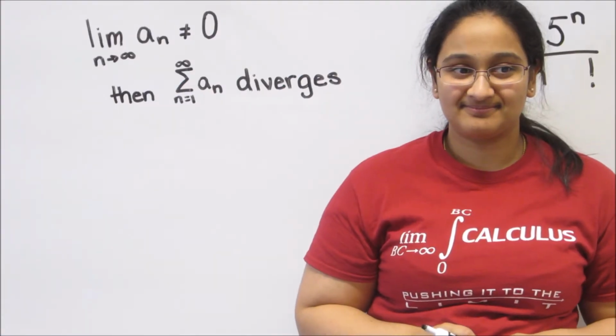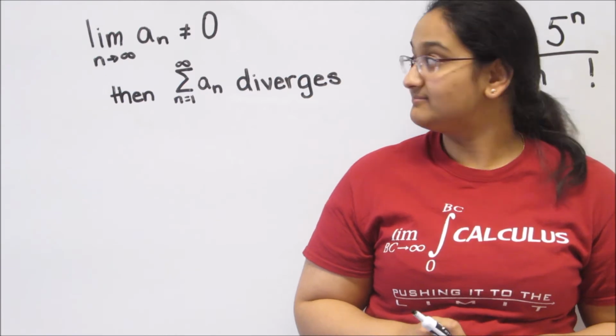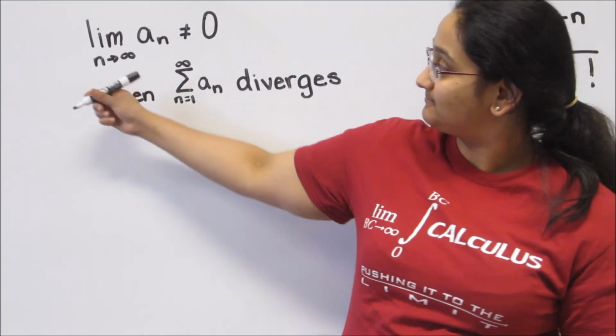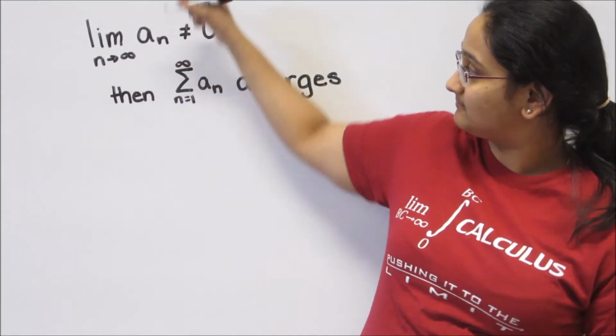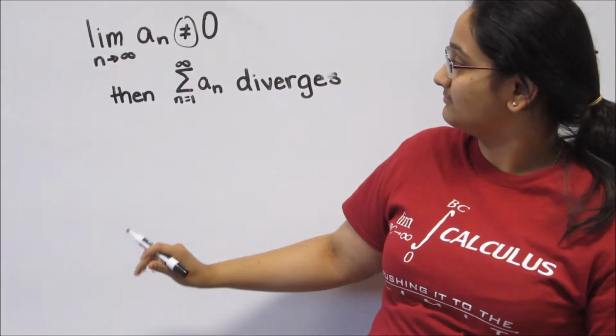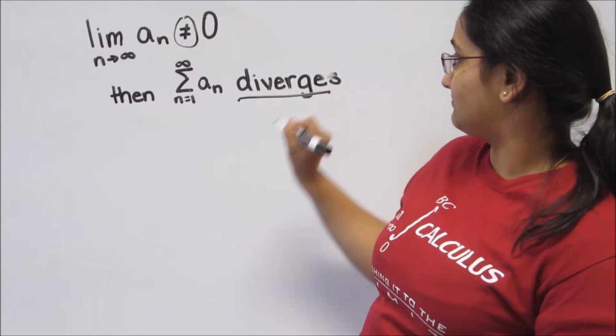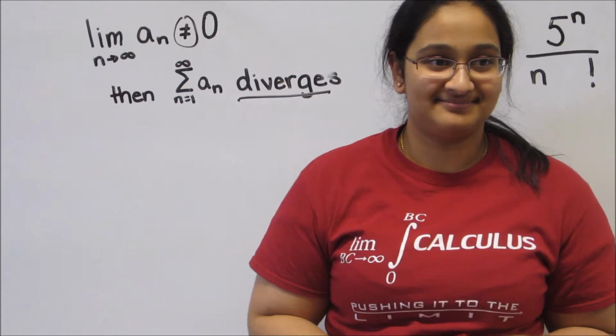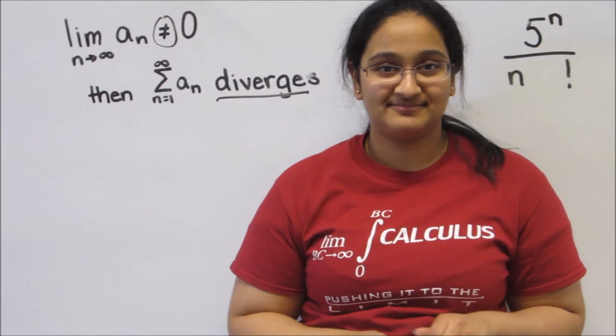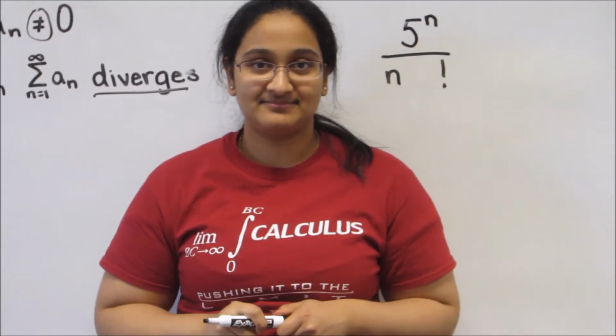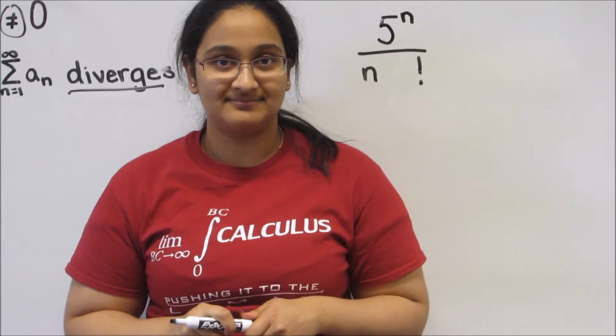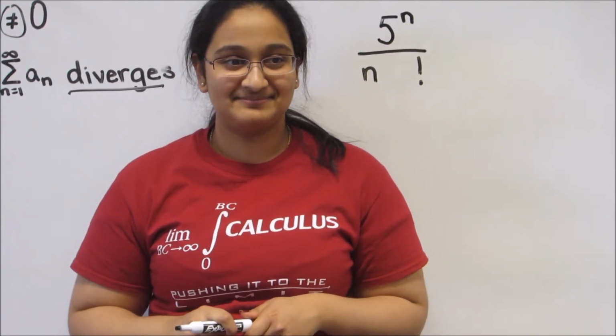If you have a limit of a series that isn't 0, then it must diverge. But if it does, then you must retest, taking the limit of the ratio.